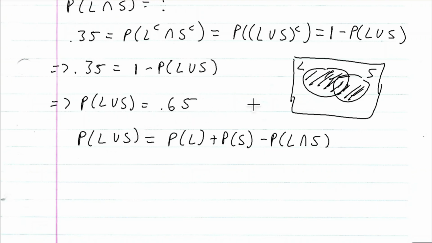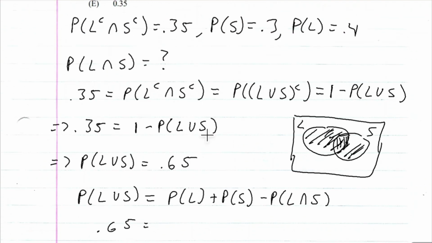I know that L union S is L plus S, but notice I added their intersection twice. So I just have to subtract their intersection once to get this whole area. So I know that L union S is 0.65.